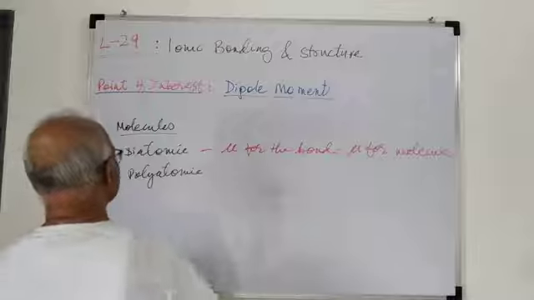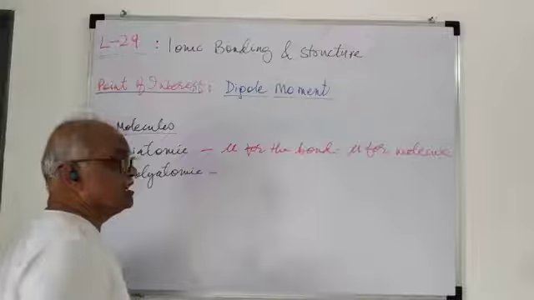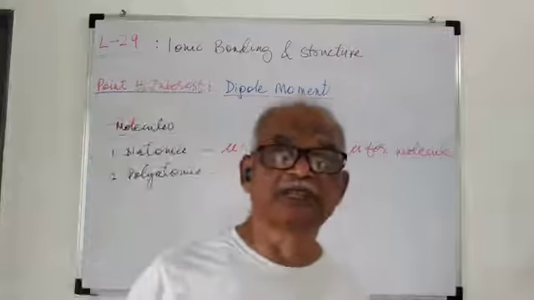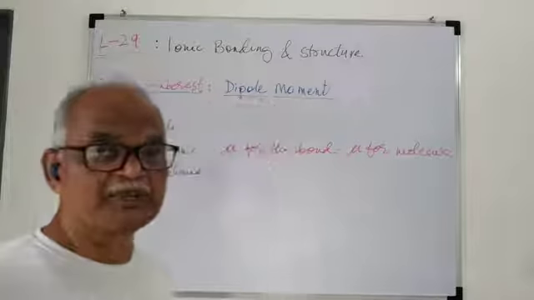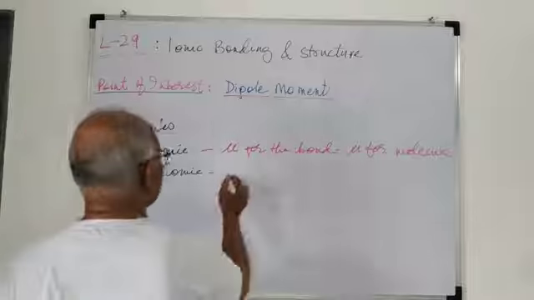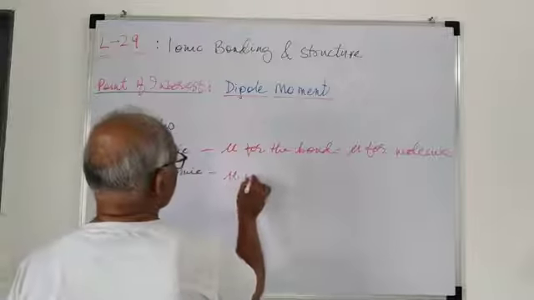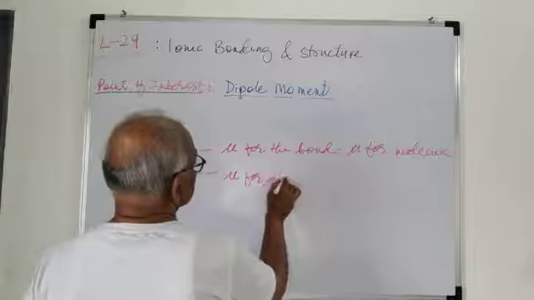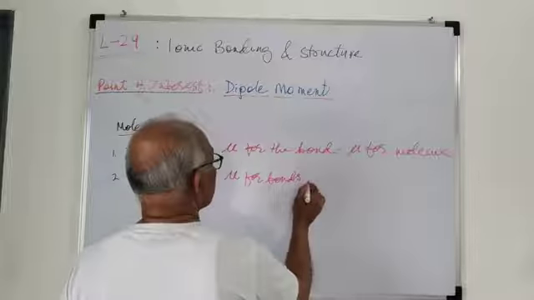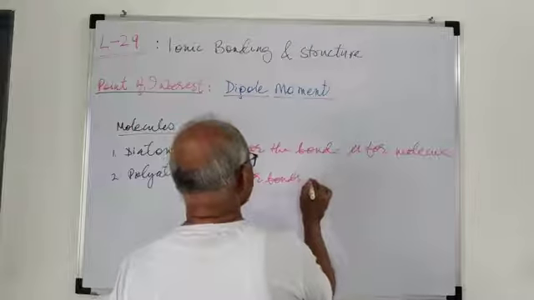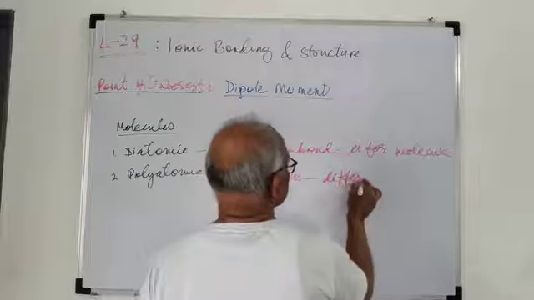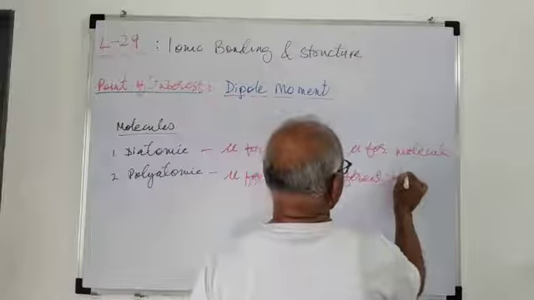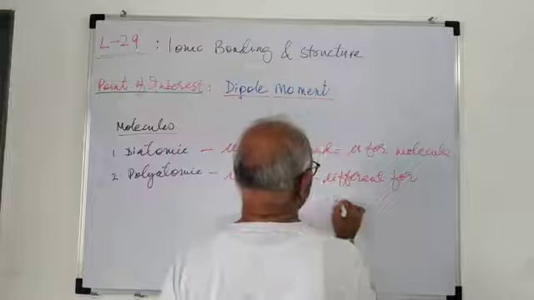But when the molecule is polyatomic, meaning there are two or more bonds and more than two atoms, the mu for the bonds is different for each bond.